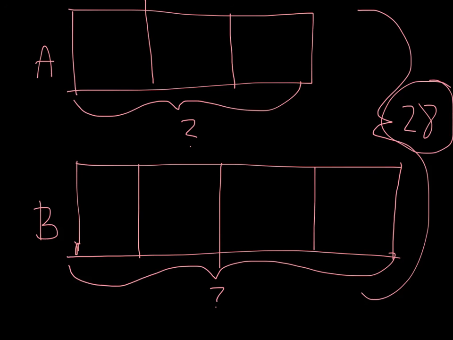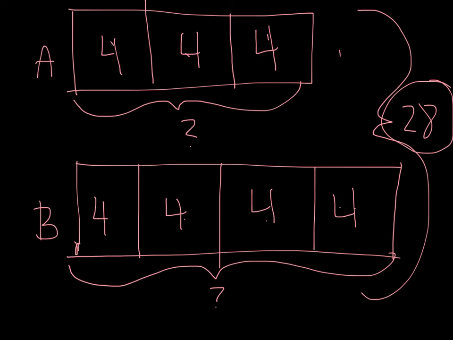The total value of the sum of each of the boxes is 28. So if I have 1, 2, 3, 4, 5, 6, 7 boxes, and I need to divide 28 evenly amongst 7 boxes, I know that 28 divided by 7 is equal to 4. And we have 12 and 16, which equals 28.